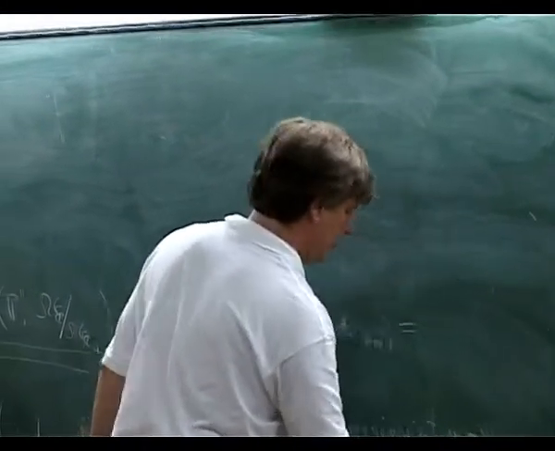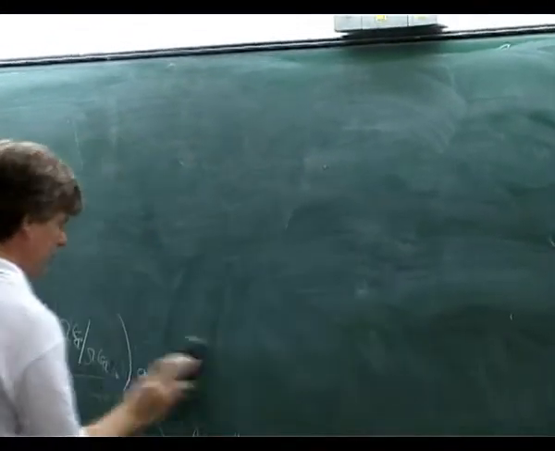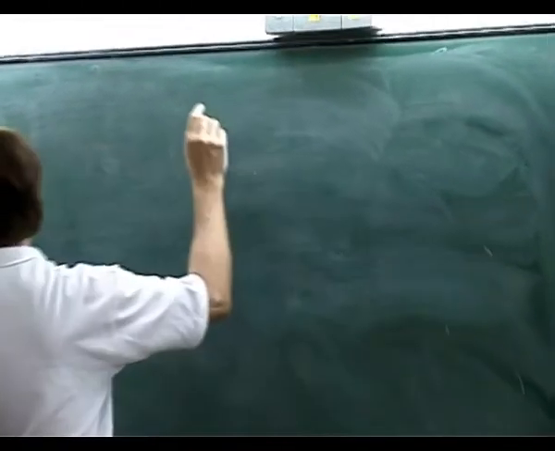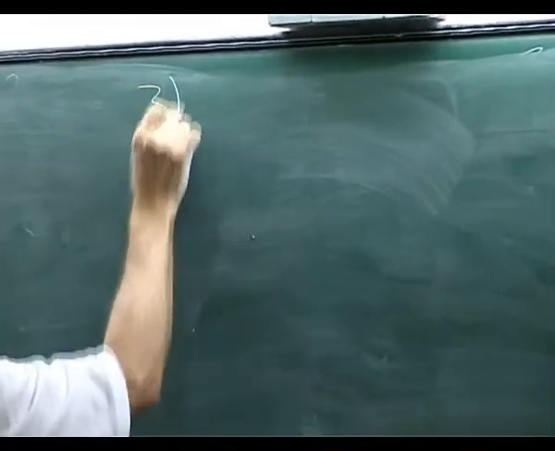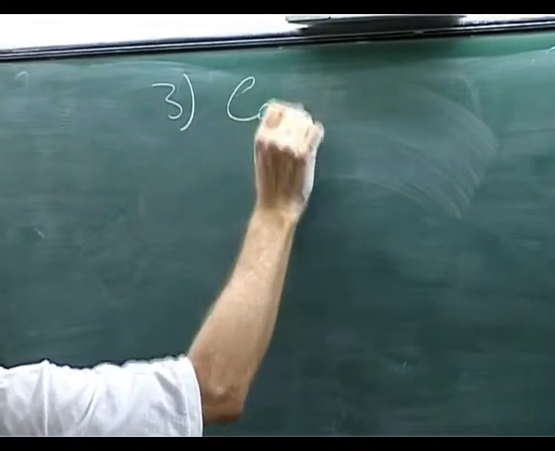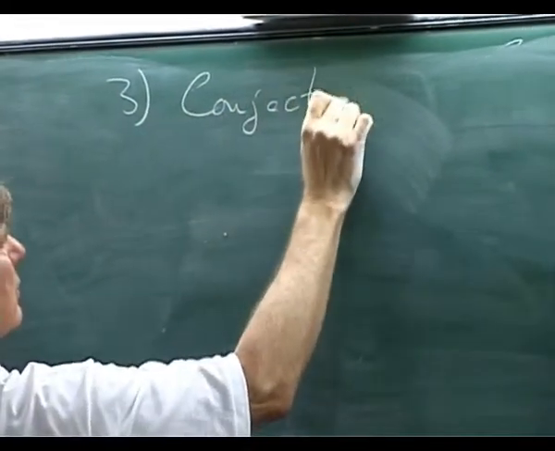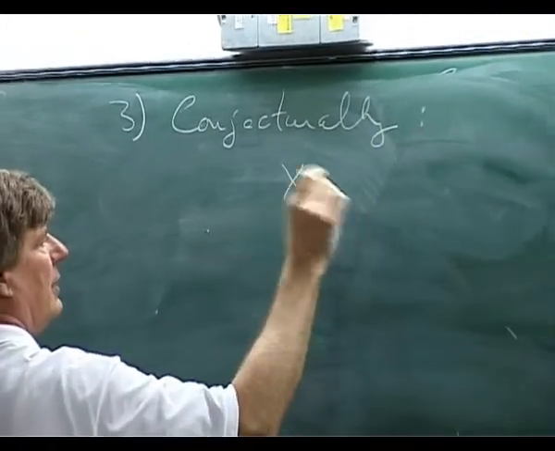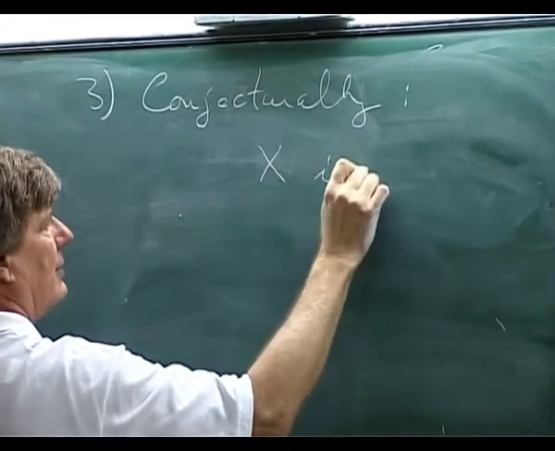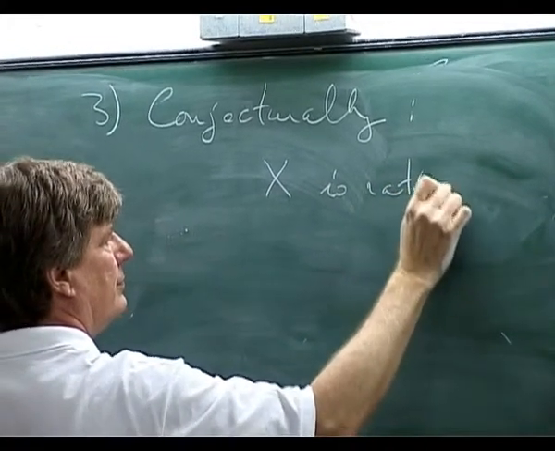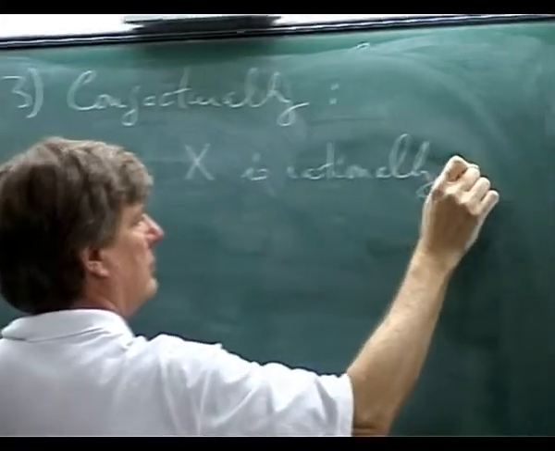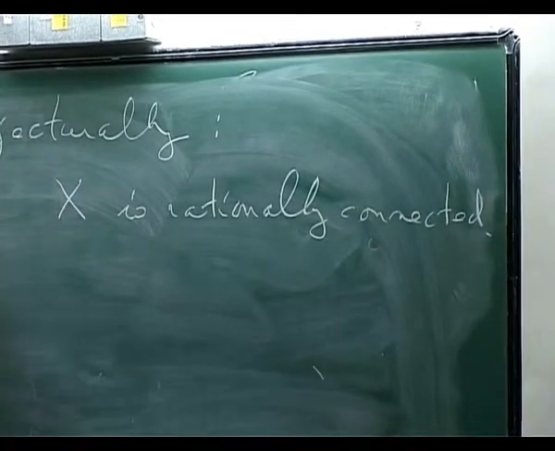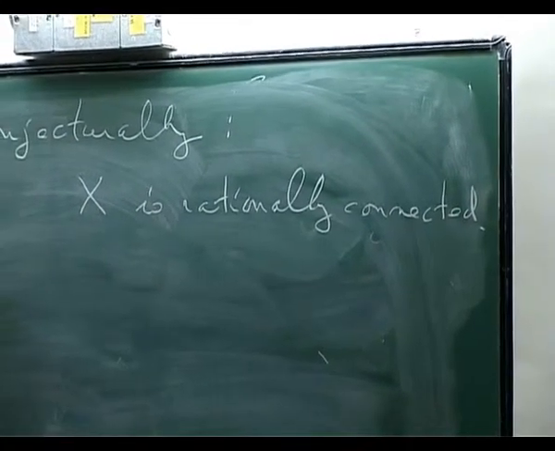Maybe conjecturally, where is it true? Conjecturally, I'd say if X is rationally connected, that should give you this stability.